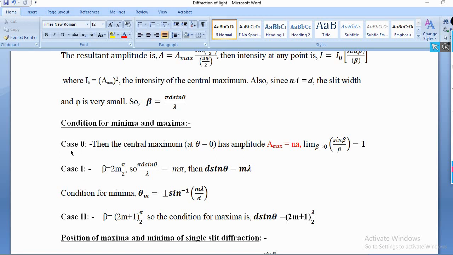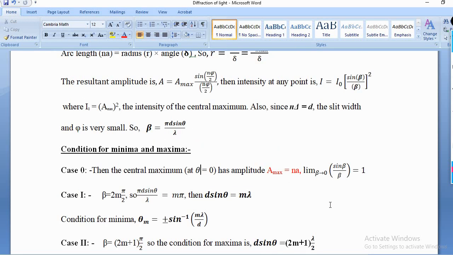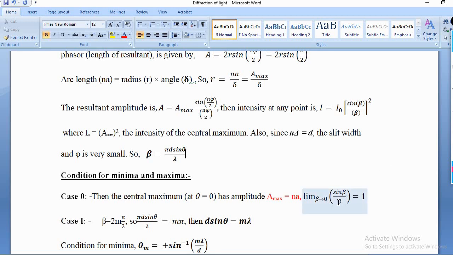So for case 0, this is the case of central maximum, when delta is equal to 0. Mathematically we can say, when beta tends to 0, what is beta? Pi d sine theta divided by lambda.